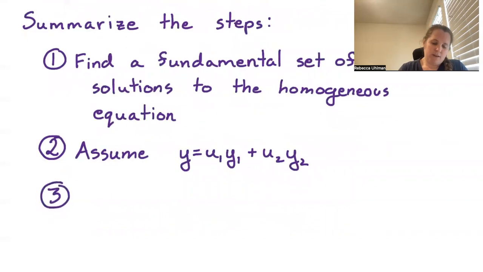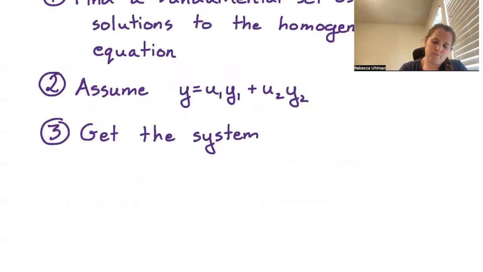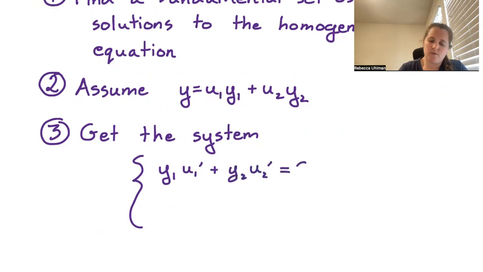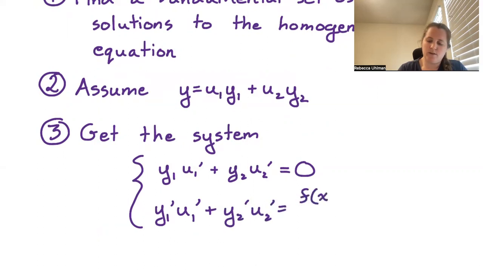From there, we get the system y1 times u1 prime plus y2 times u2 prime equals 0, and y1 prime times u1 prime plus y2 prime times u2 prime is f of x divided by P0 of x.